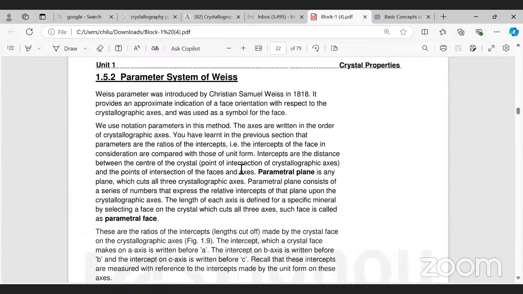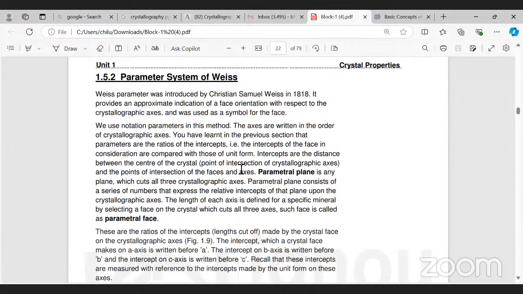Actually, here the Weiss parameter was introduced by Christian Samuel Weiss. He was the greatest scientist in the crystallographic axis. He defined it in 1818, which provides an approximate indication of face orientation with respect to the crystallographic axis, and was used as a symbol of every face.